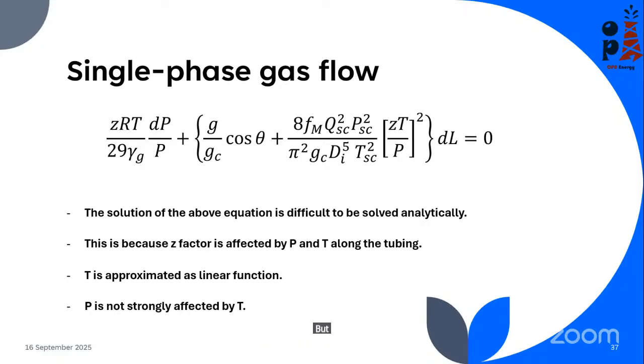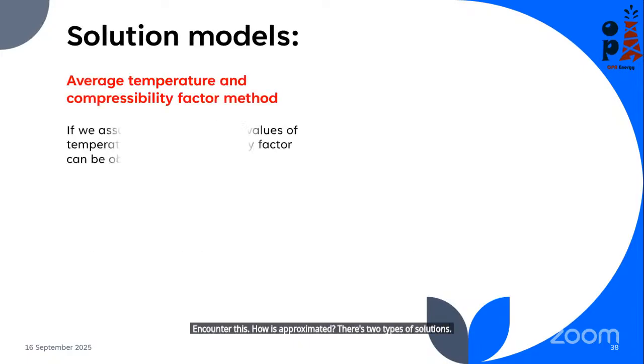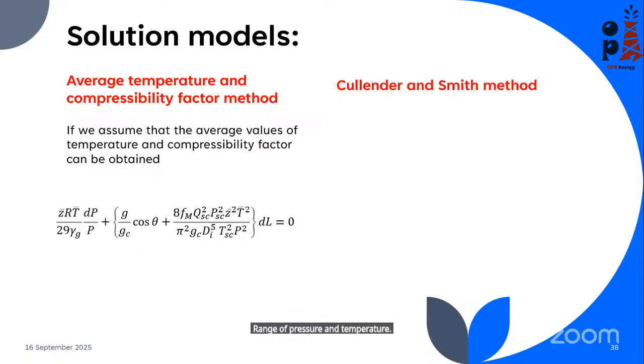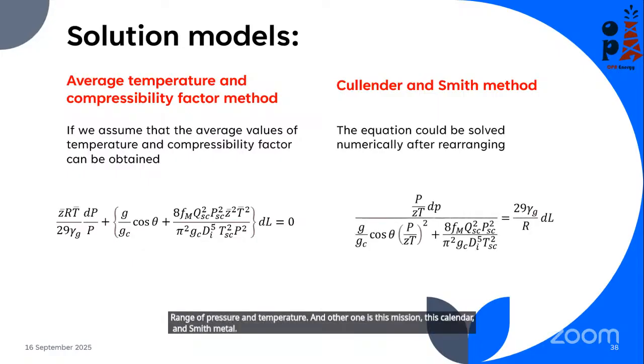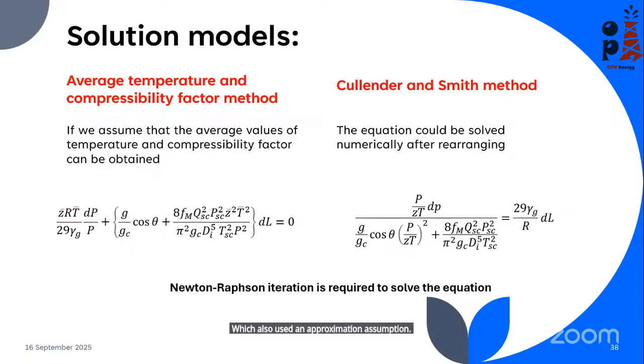Along your pipe or tubing in the well, the temperature changes and the pressure changes, so the fluid properties change, and we have to account for this. How is it approximated? There are two types of solutions: the average temperature and compressibility factor method, which is used in a certain range of pressure and temperature, and the other one is the Cullender and Smith method, which also uses an approximation assumption.